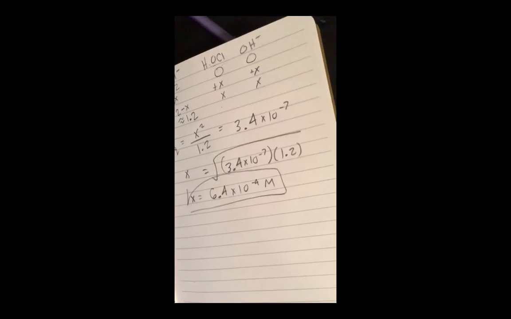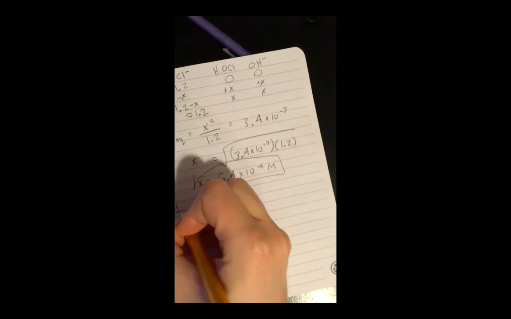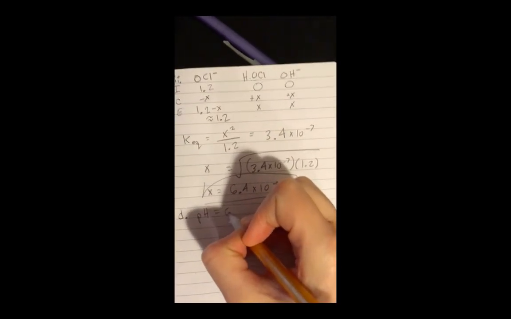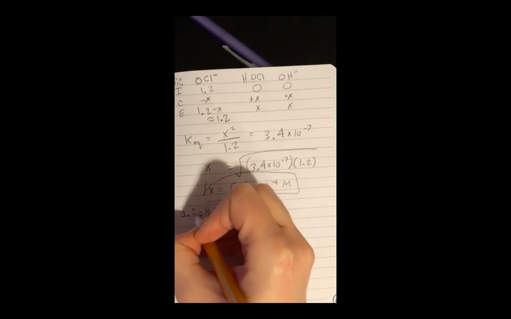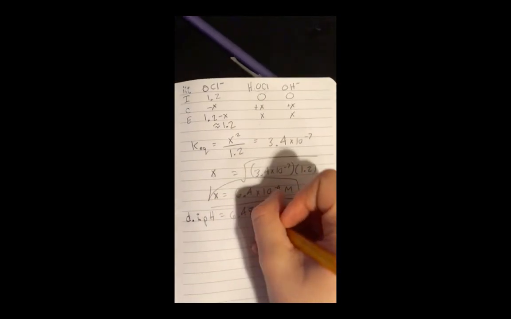Moving on, in part D, they're now giving us a buffer solution. They tell us that the pH is determined to be 6.48, and in DI, they're just asking us for the concentration of hydronium. So that's actually really easy, right?